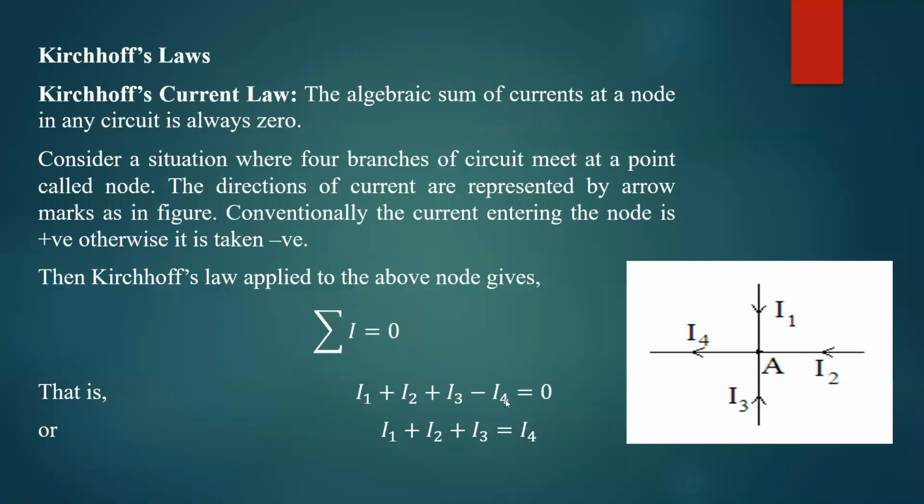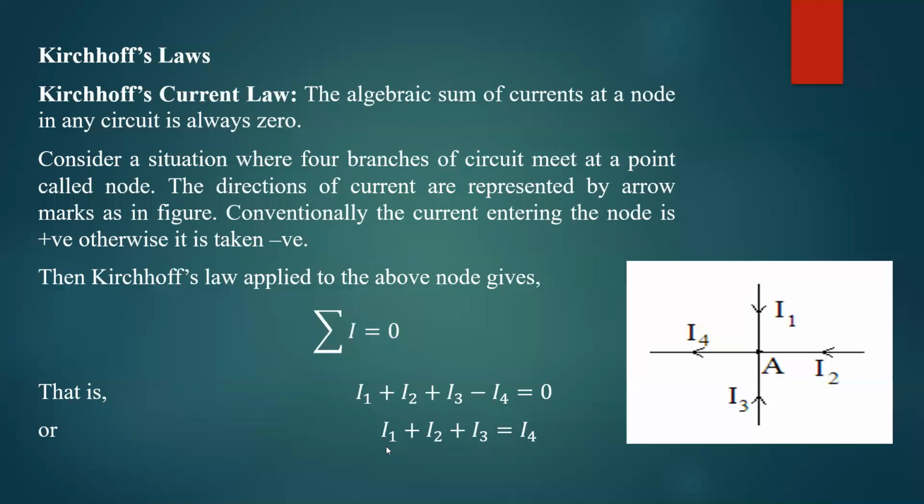I1 plus I2 plus I3 minus I4 should be equal to 0. That is the meaning of algebraic sum. You take the current entering the node as positive and the current leaving the node as negative. Rearranging them, you get I1 plus I2 plus I3 equals I4.